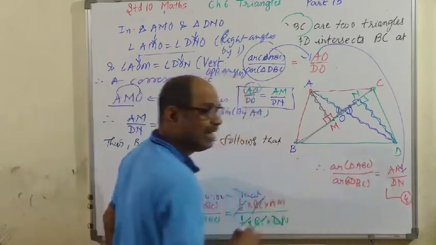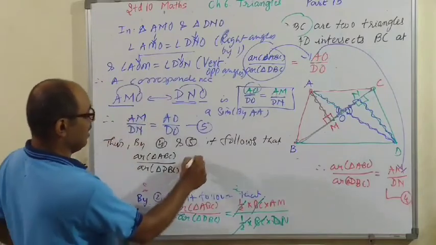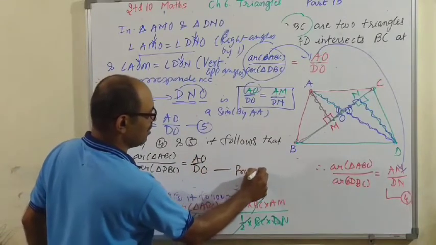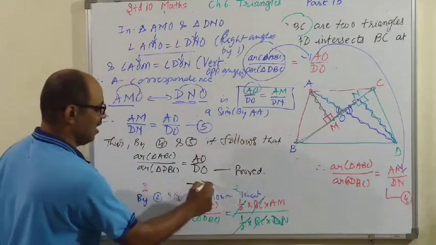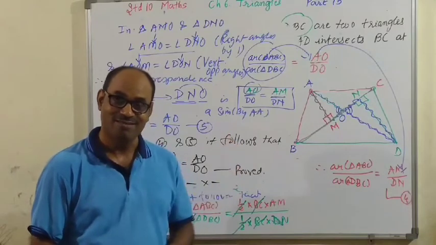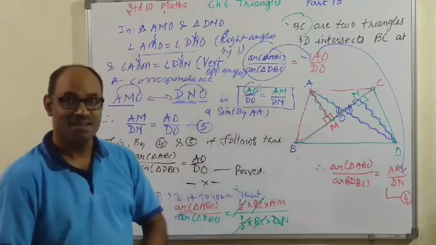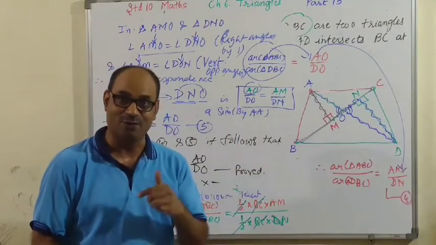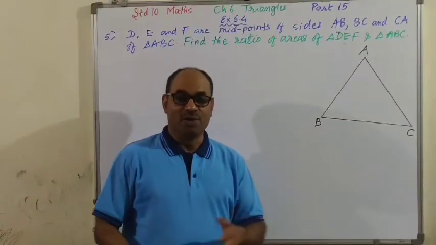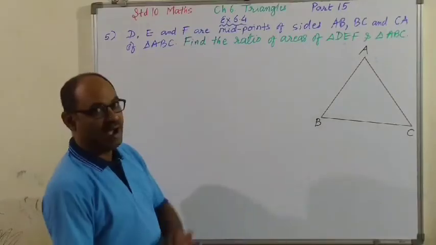That is AM upon DN. But what is AM upon DN? AO upon DO. Proved. Clear? Understood? That's all. Sum number 3. Next is 5 now, not 4, because that we have already done. So moving on to the next one, that is number 5.